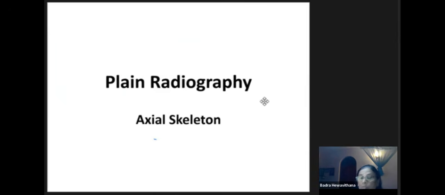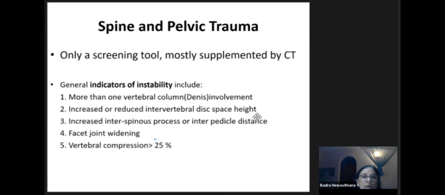Then from the chest and abdomen, we will move on to the axial skeleton. When you think of the axial skeleton, spine and pelvic trauma, X-ray is only a screening tool, mostly supplemented by CT. But even if you do it as a screening tool, look for these indicators of instability.